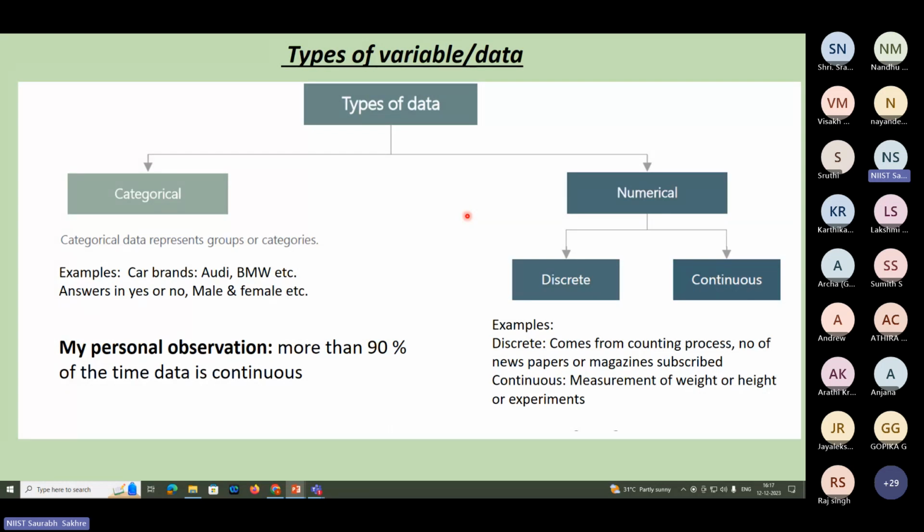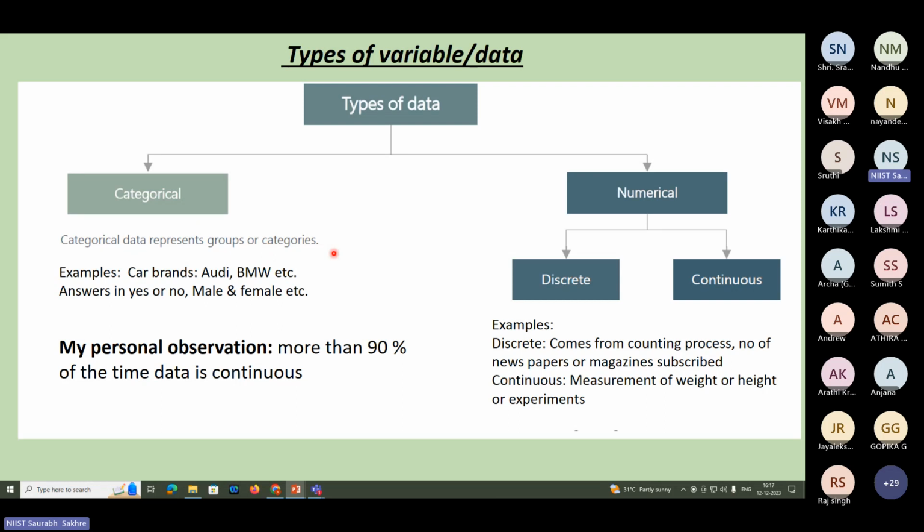So firstly, we can divide data into two types. First is categorical and second one is numerical. In numerical also there will be two types, discrete and continuous. What does categorical data mean? Categorical data represents groups or categories.